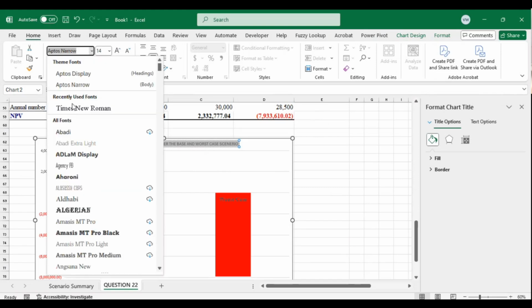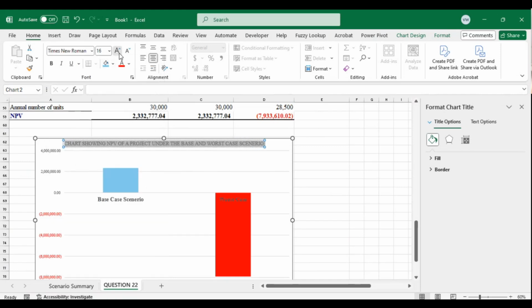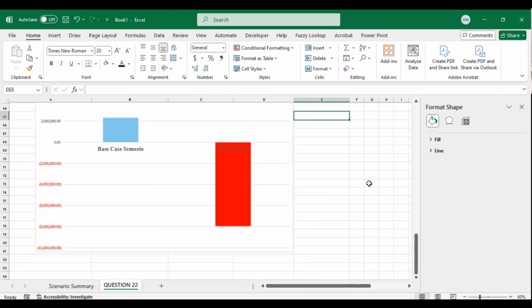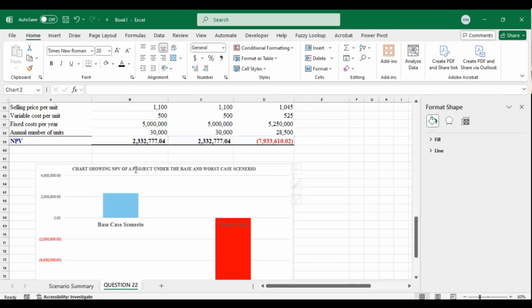You can use Times New Roman and increase or decrease the size slightly, then make it bold. So this is our chart.